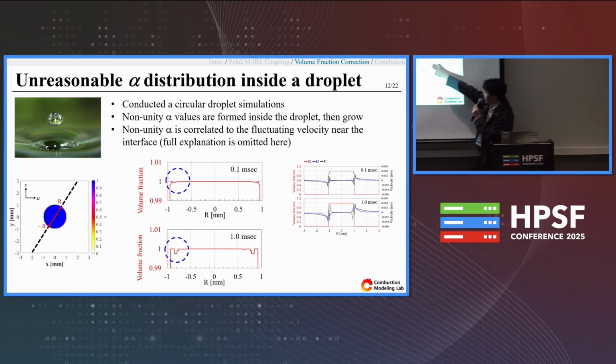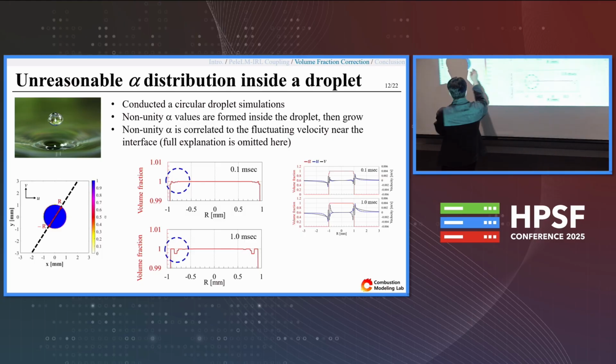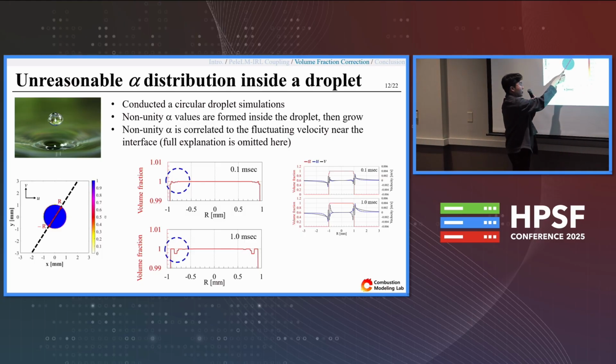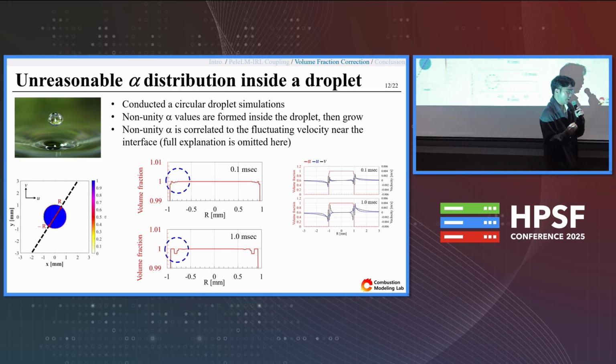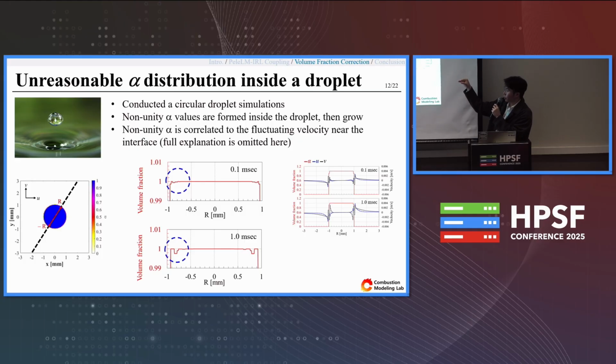This velocity makes some velocity in these directions, so that the alpha value goes below 1, and then if the alpha value is below 1, the surface tension is calculated, and it makes it go further below 1. So I think that's why it makes some holes inside the droplets.